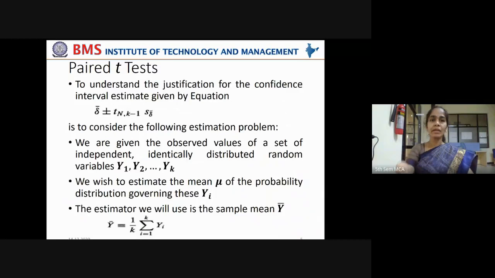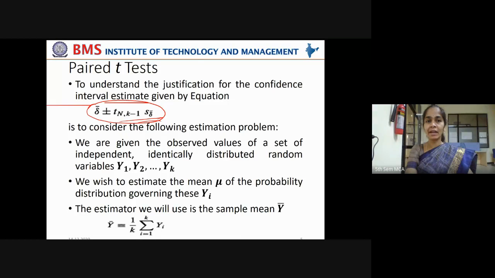Okay. Now to understand the justification for the confidence interval estimate given by the equation, consider the following estimation problem. In order to justify the confidence interval estimate given by this particular equation, you know very clearly what is this equation, right? Delta bar plus or minus critical value t at confidence interval N and k minus 1 degrees of freedom multiplied by the standard deviation of delta bar. I'm reading out this mathematical expression.